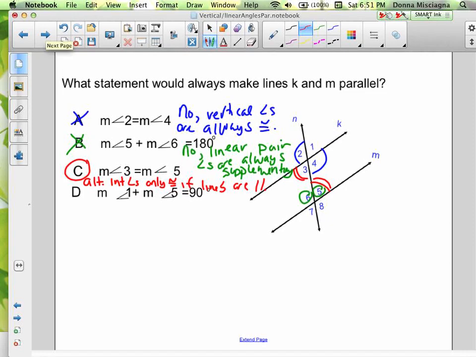Let's just check the other one. The measure of angle 1 plus the measure of angle 5 equals 90 degrees. Well, that doesn't really prove anything. Let's look at what kind of angles these are. Those are corresponding angles. And we know that corresponding angles have to be congruent to prove lines parallel.